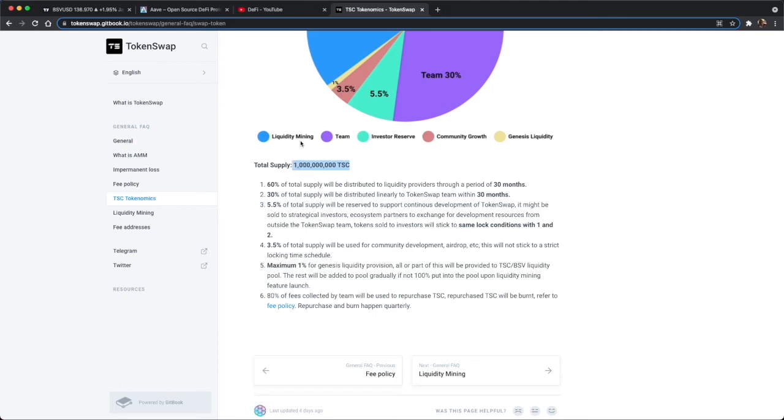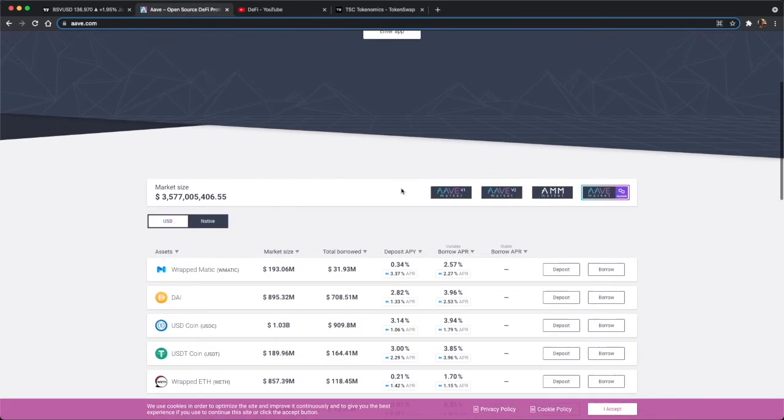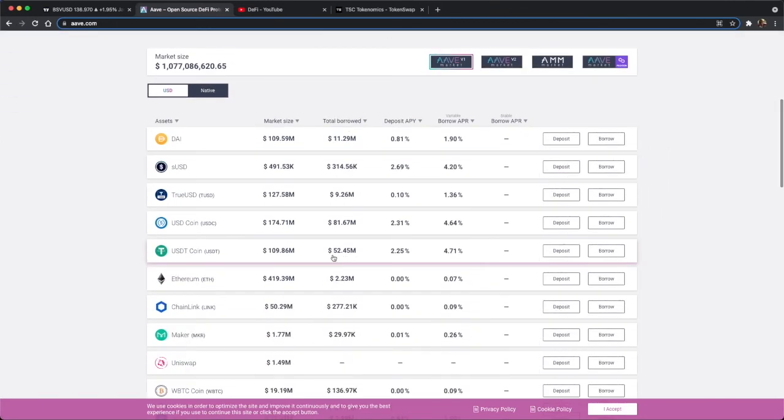Okay. Now, what's interesting is that TSWAP provides only 1 billion total supply, and then they break it down here. But AAVE or whatever, these guys, when you're staking on these different platforms, for example, Tether USDT doesn't have a total supply.